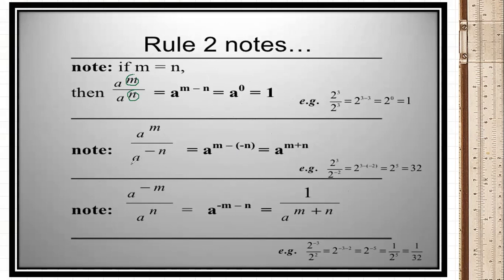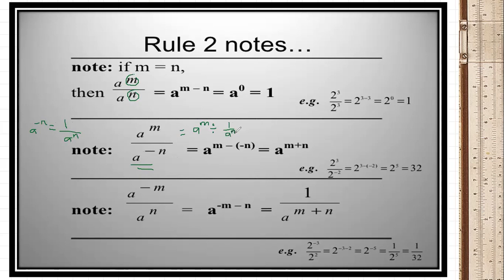So if a number is like this one here, just because we said that a to the power negative n is the same as 1 out of the same number but with a positive power, if you put it in this case, it will end up taking this a to the power negative n upwards, and then here you end up having a to the power m, because you're dividing, so you'll be dividing 1 out of a to the power of positive n.